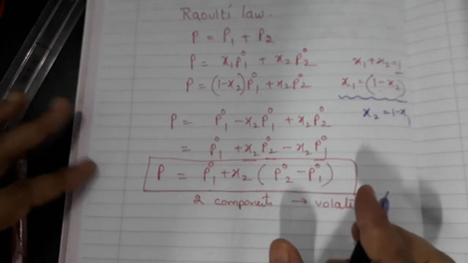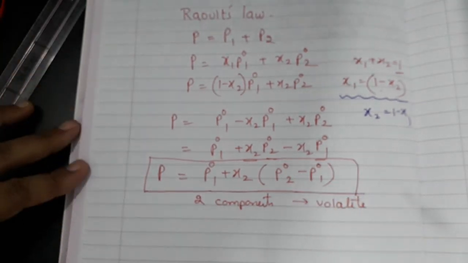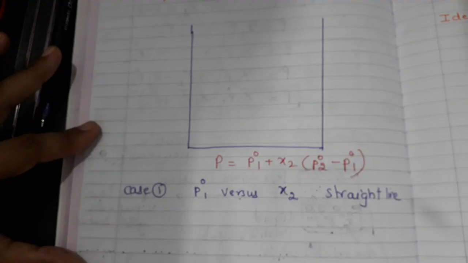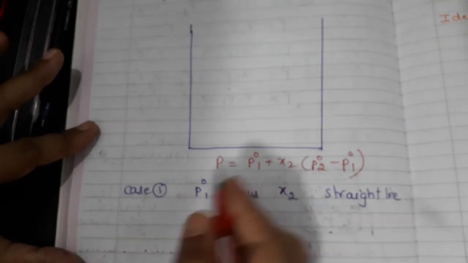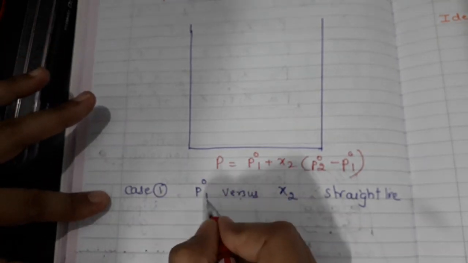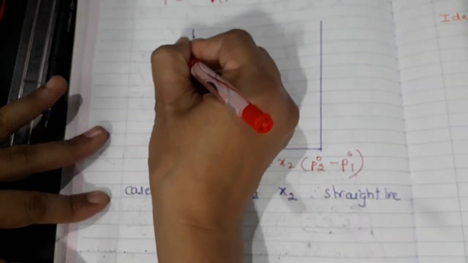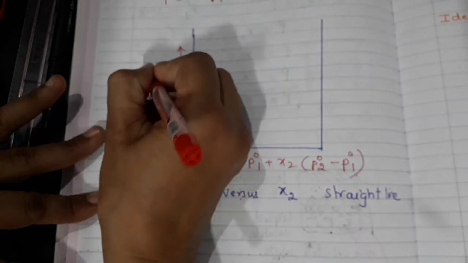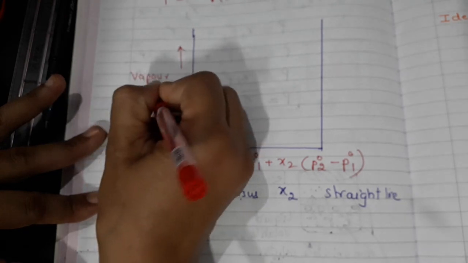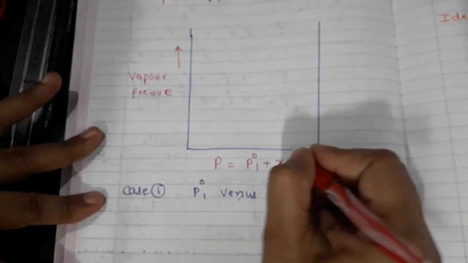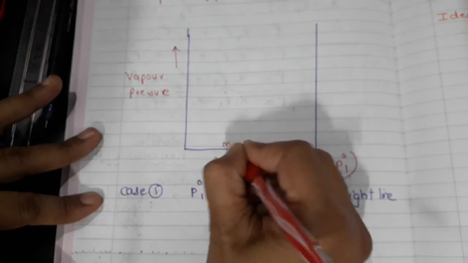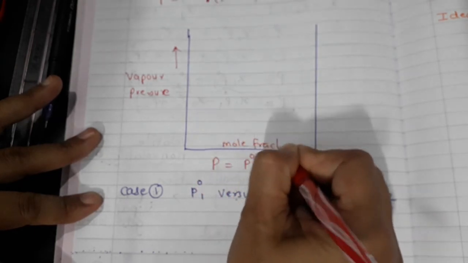Now we will understand Raoult's law with the help of a graph. So here we are having the first case, where P versus x2. Let us write first: along the y-axis is vapor pressure, and this side we are having mole fraction.